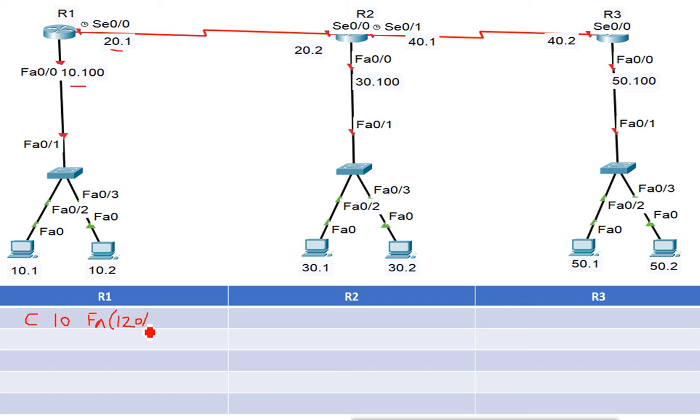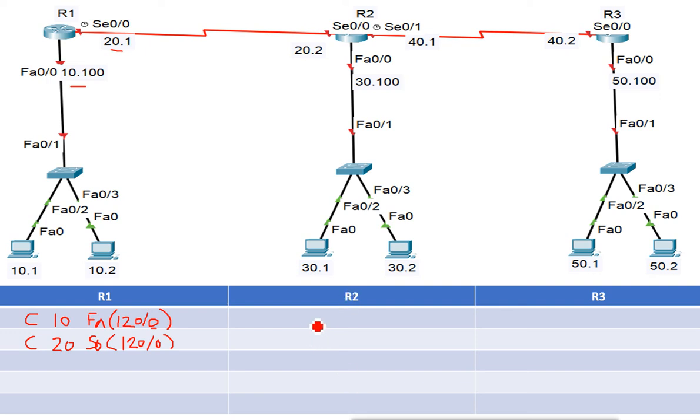It is actually 0, because it is connected to this router directly. Then we mention that we have one more network connected, network 20, from serial 0/0, again with 120 as the AD value, and because it is directly connected, the hop count is 0.